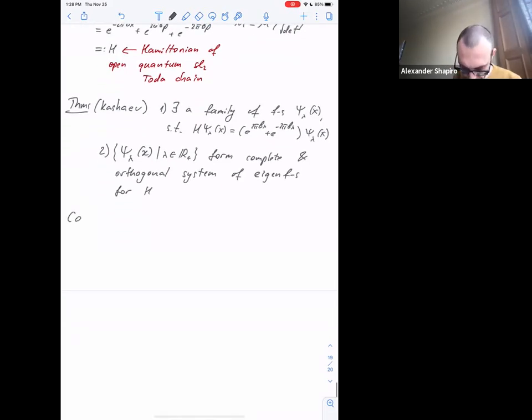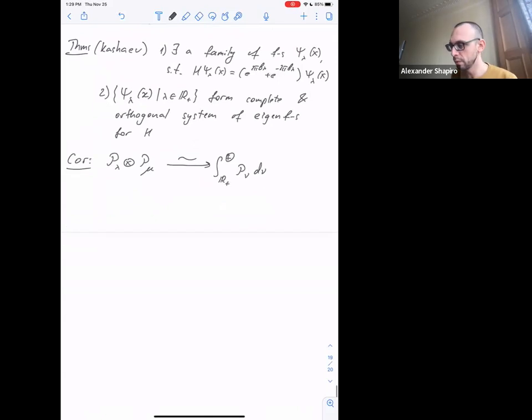And a simple corollary from there, and it's the end of the SL2 story, is that if you take P lambda tensor P mu, then you have an isomorphism with this direct integral over R plus of P nu d nu, and this isomorphism goes as follows.